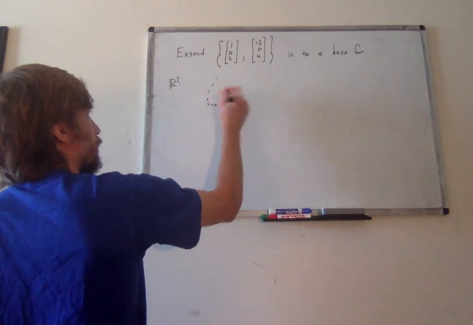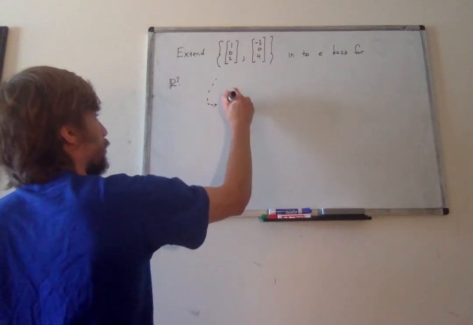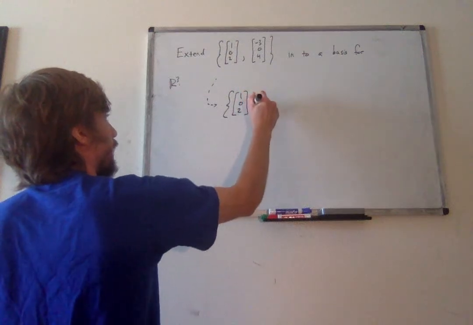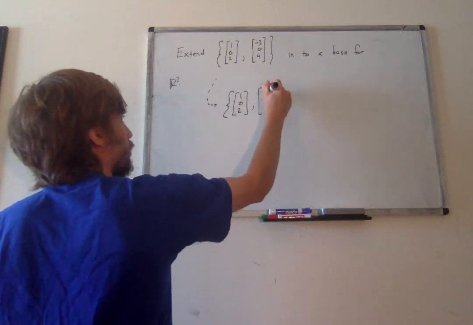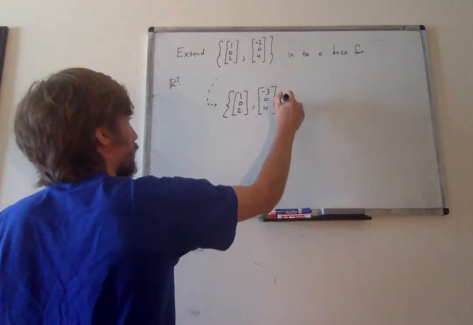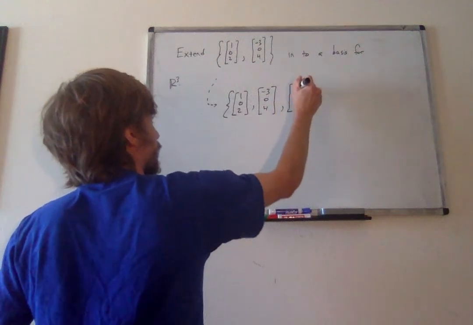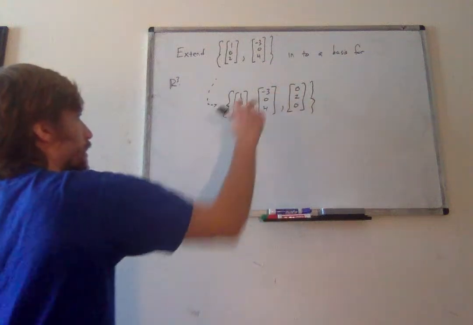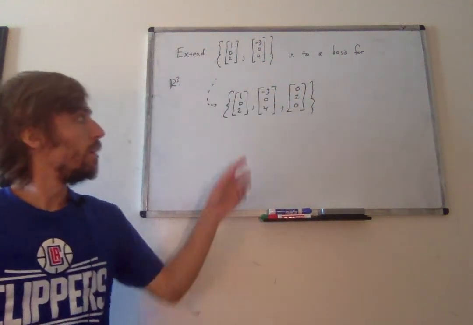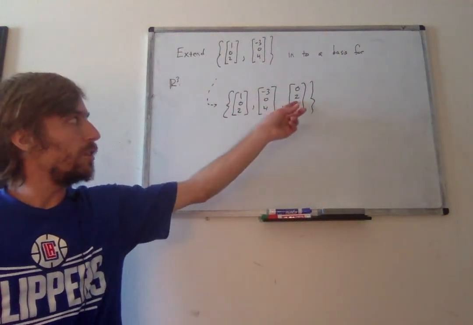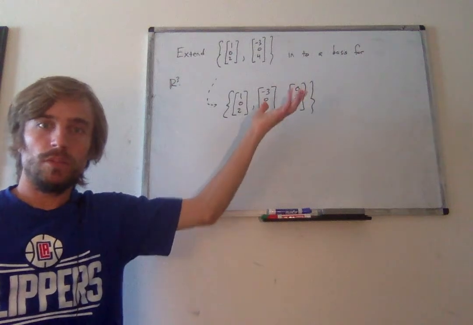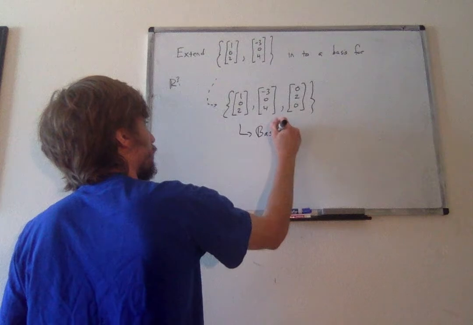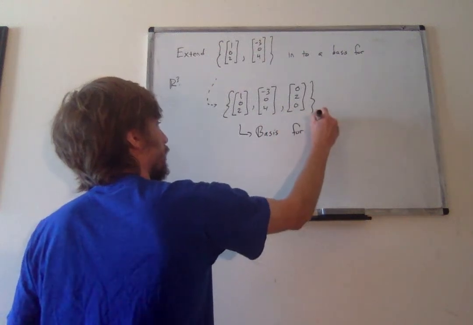In this case, I can just pick my favorite number, which happens to be 2, and add any vector I want that is linearly independent from these 2 vectors. Looking at these 2 vectors, they both have a 0 in the second entry. So all I have to do is add this 2 here into the second entry. And this is now a basis for R3.